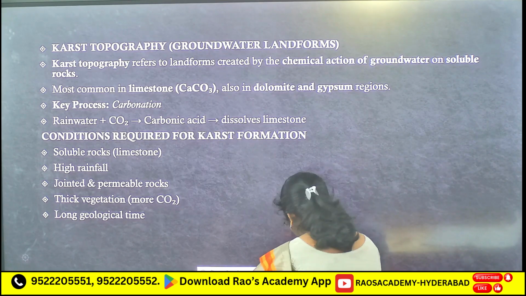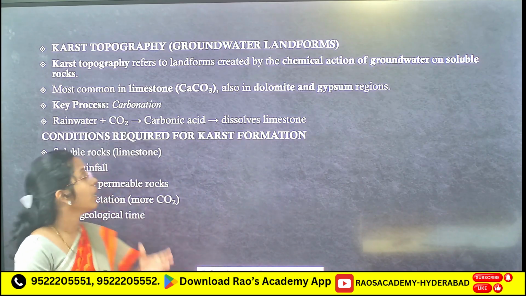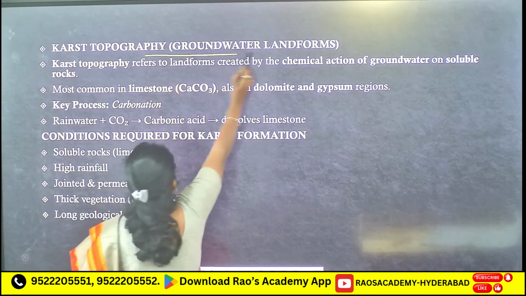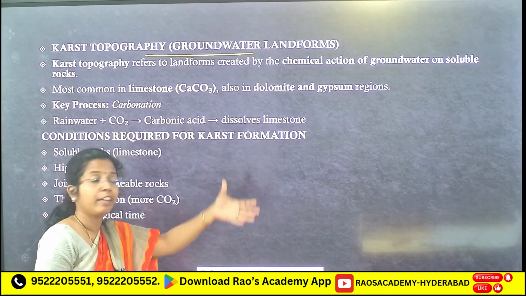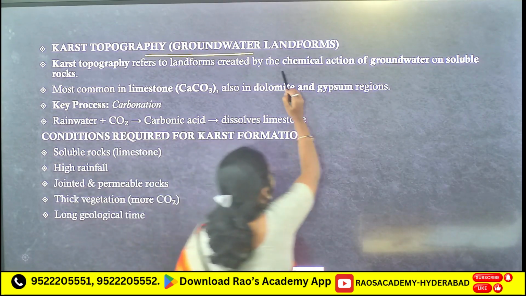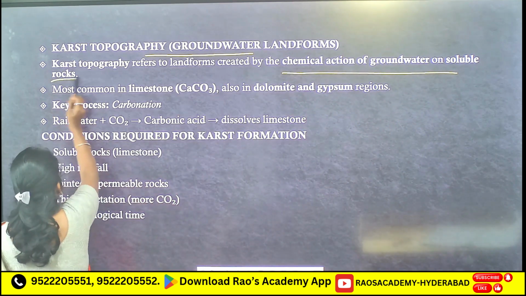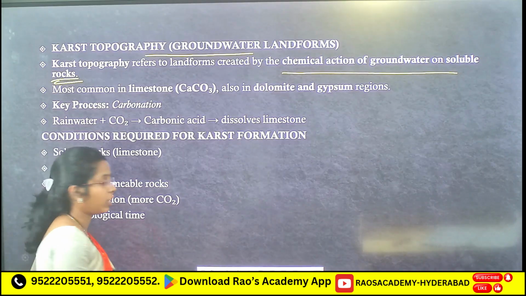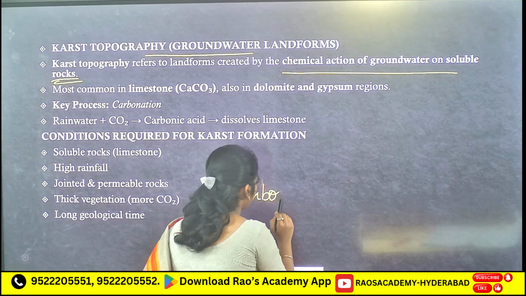Okay. Next, landforms related to groundwater, or karst topography. Karst topography refers to landforms created by the chemical action of groundwater on soluble rocks. Here you will see carbonation.